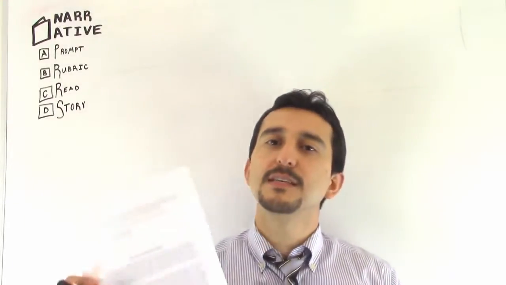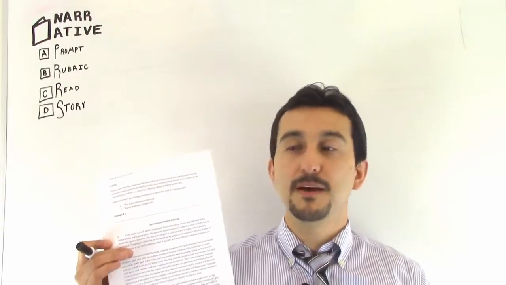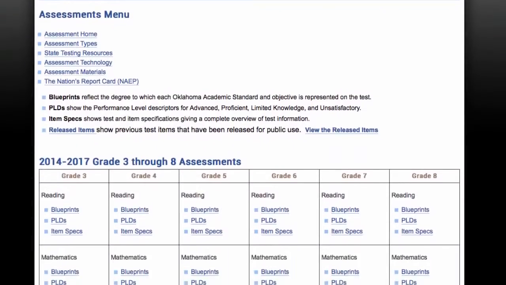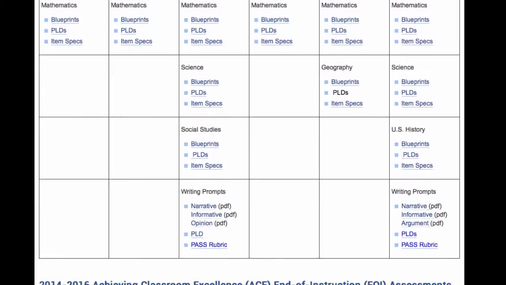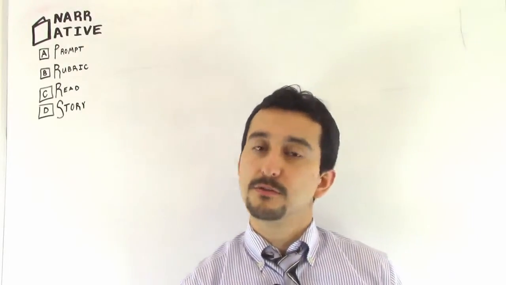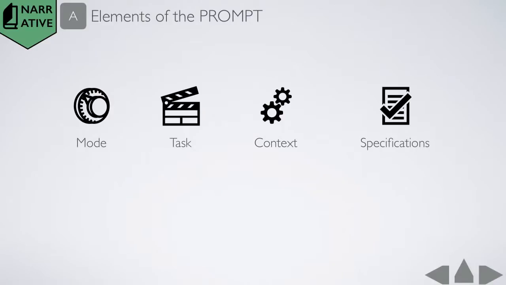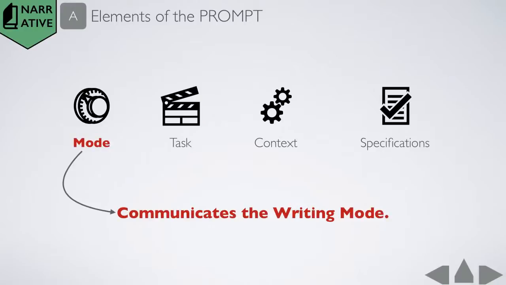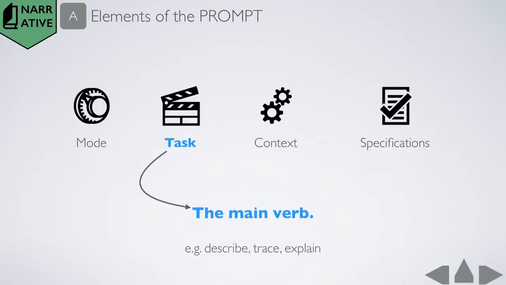Specifically, we're going to take a close look at the practice prompt available at the Oklahoma State Department Assessment Materials page. It's that prompt about the railroads. Trains are awesome. Now when we look at it closely, there are really 4 components of the writing prompt. There is the part that identifies the mode. There is the part that identifies the task.